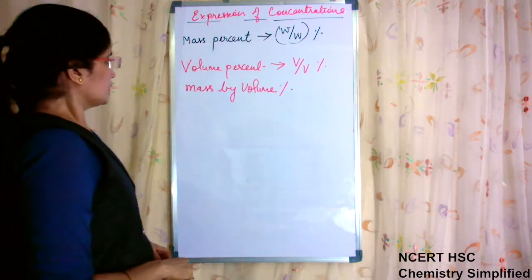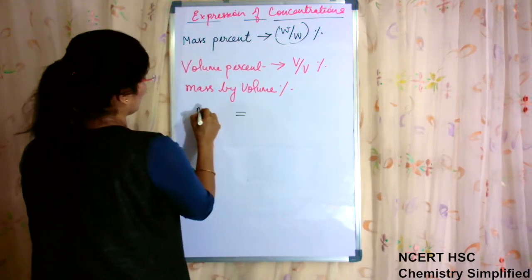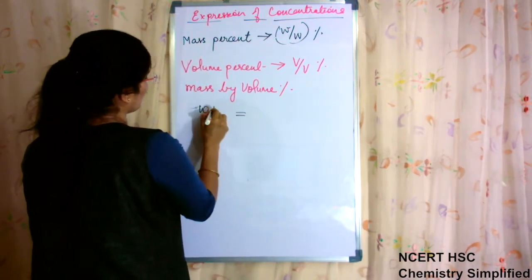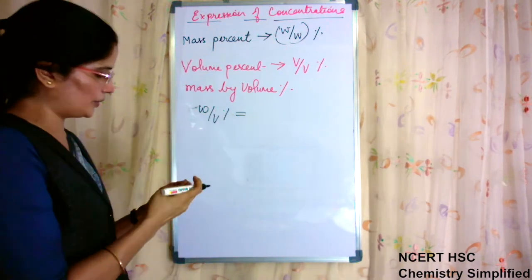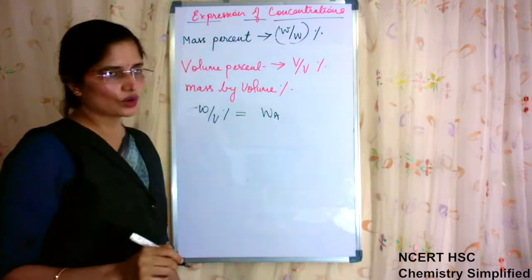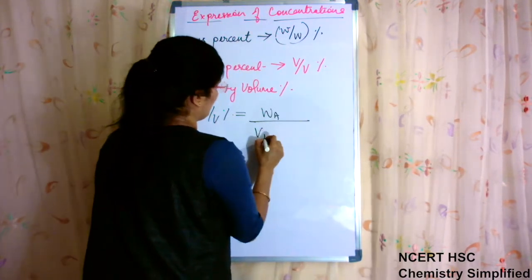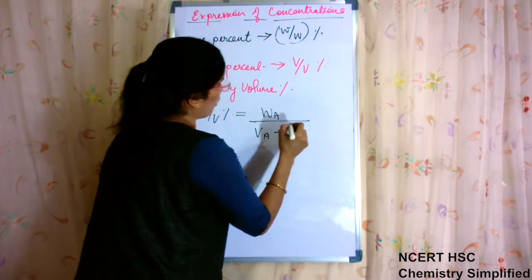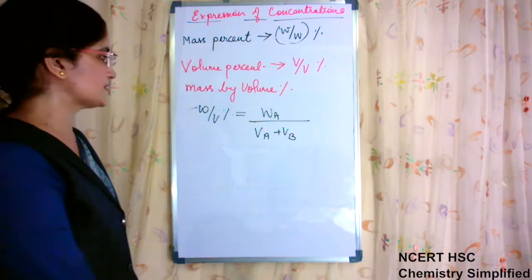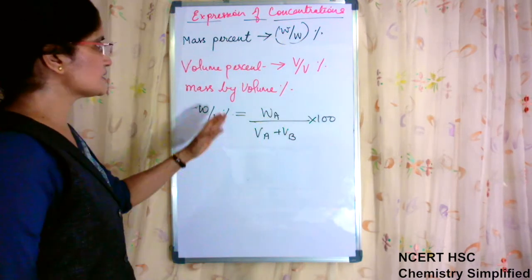Now in mass by volume percent, what do we do? When we calculate W by V percent, we will take the mass of the solute divided by the total volume of the solution, VA plus VB, into 100, because now it is W by V.